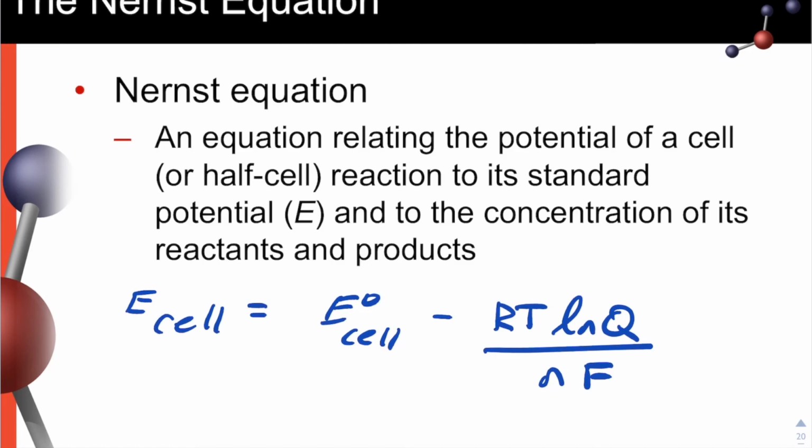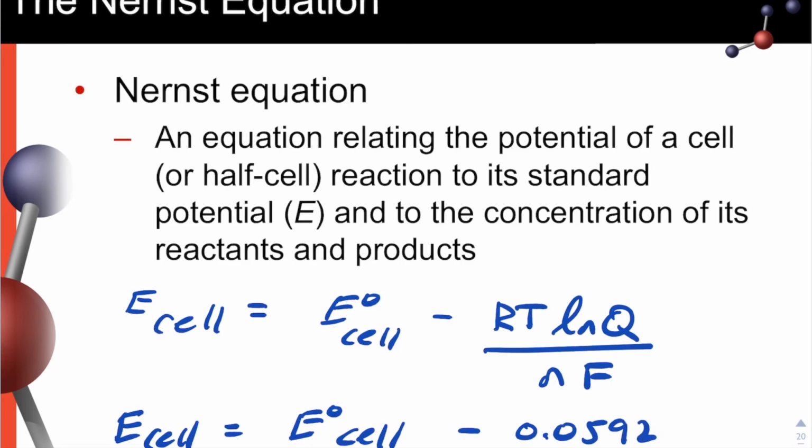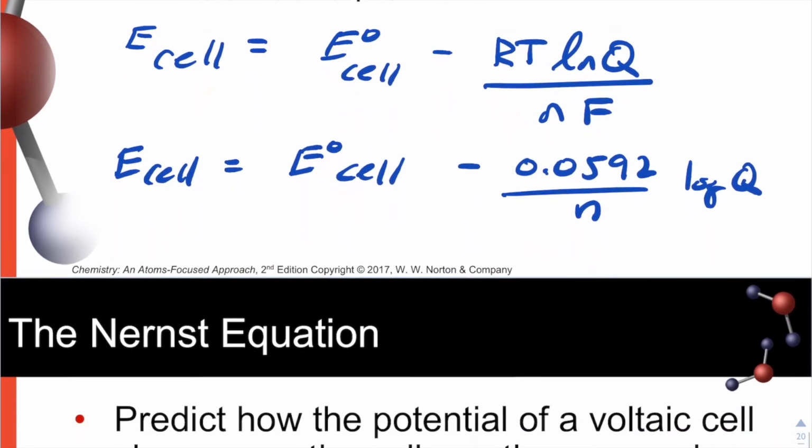So at 25 degrees C, if we put in the Faraday constant, and put in R, you wind up with E of the cell is equal to E naught of the cell minus 0.0592 over N log of Q. So this is just putting in the Faraday constant, putting in 25 degrees C, and putting in R. That's all that does, is simplify that.